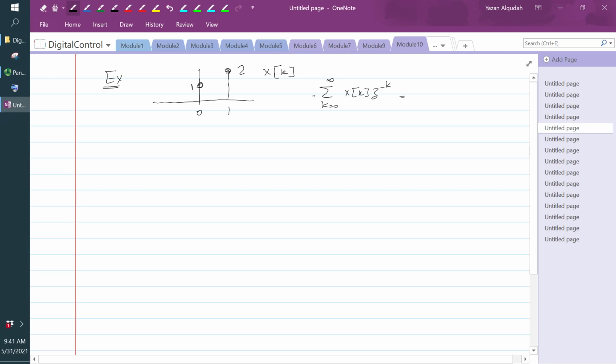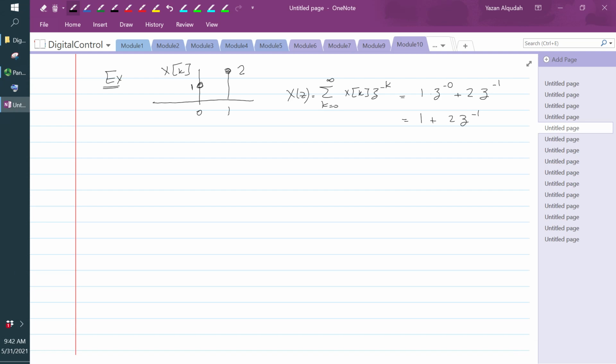Therefore x of z is going to equal, when k is equal to 0, x of 0 is equal to 1 multiplied by z to 0, plus when k is equal to 1, x of k is equal to 2, so plus 2 multiplied by z to negative 1. Therefore this is going to equal 1 plus 2 multiplied by z to negative 1. Agree?